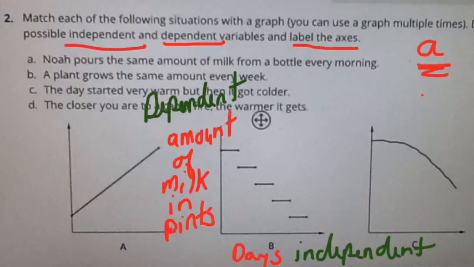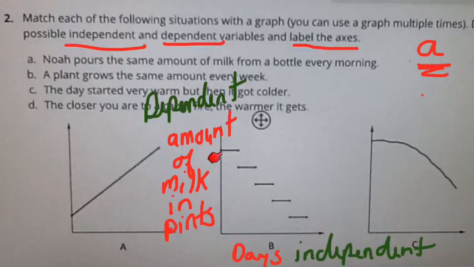The first one says Noah pours the same amount of milk from a bottle every morning. And so I chose B because if this is days, 0 days, 1 day, 2 days, whatever, as the days increase, the amount of milk, which is the dependent variable, is going to decrease.